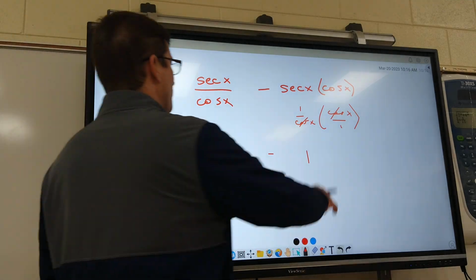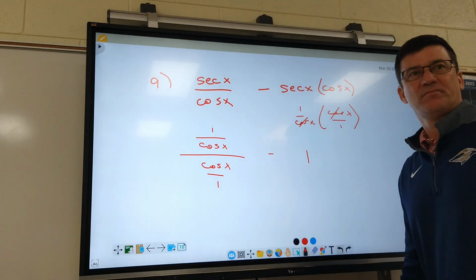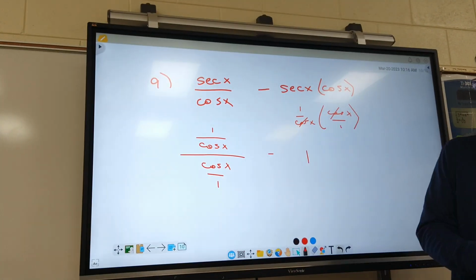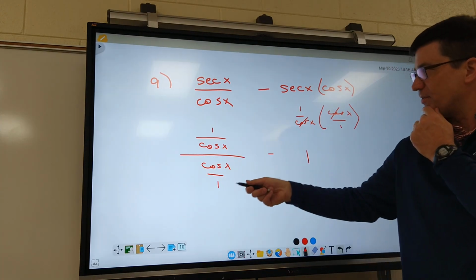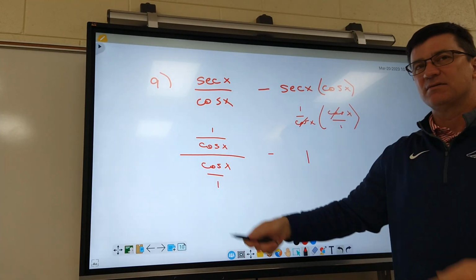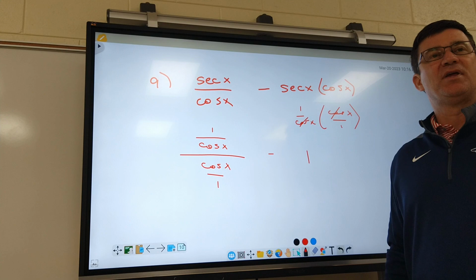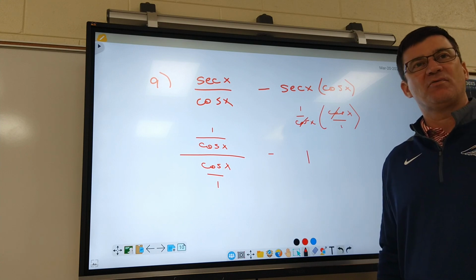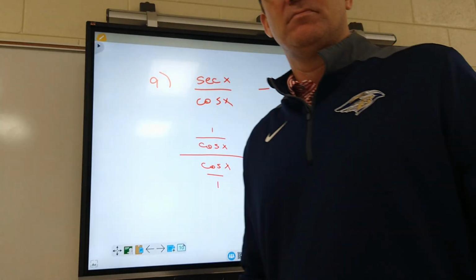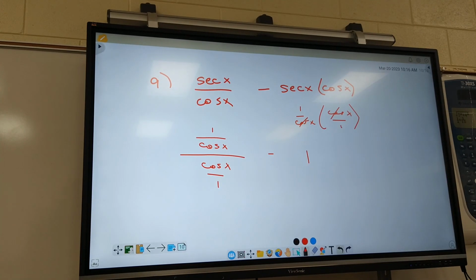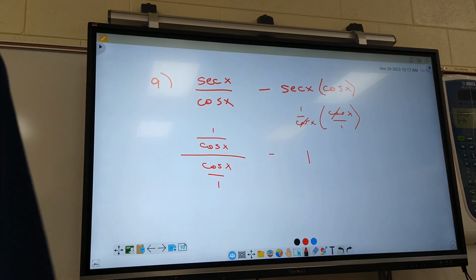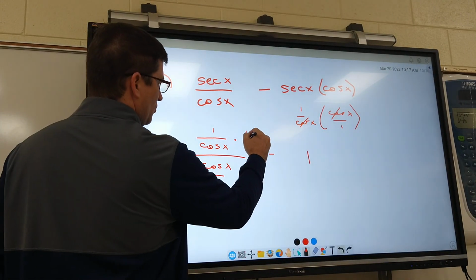All right, so all this on the right side becomes 1. Now, Matthew, what do you think about the left side right here? Would you just keep these? Good. Do keep change flip, and you're on the right track to finish it up. Keep change flip is right. All right, you ready? This flips to 1 over cosine.